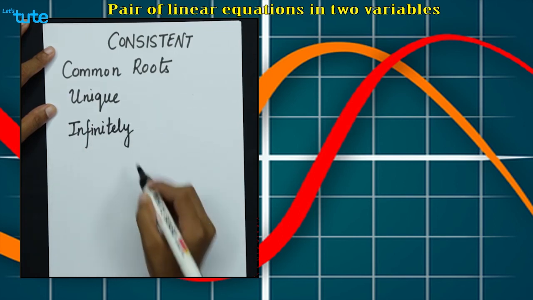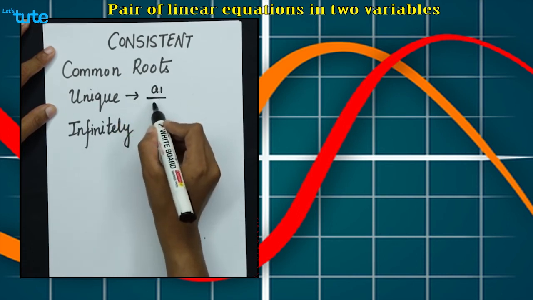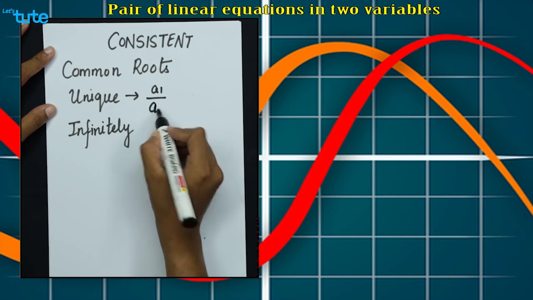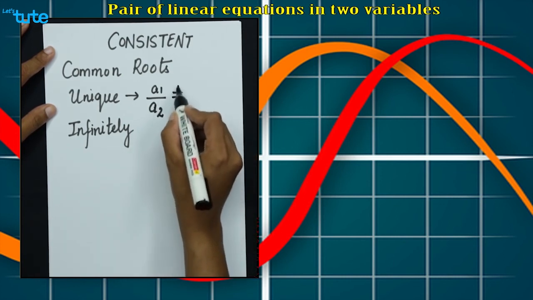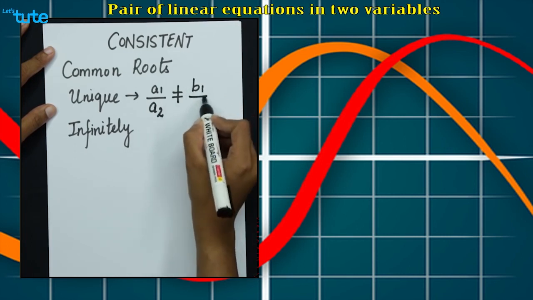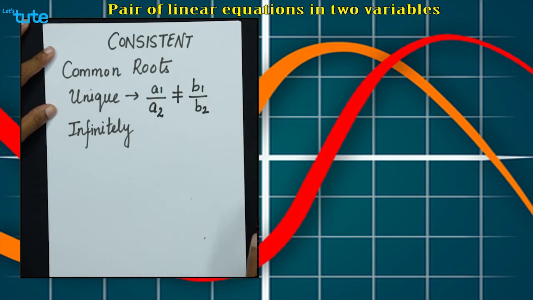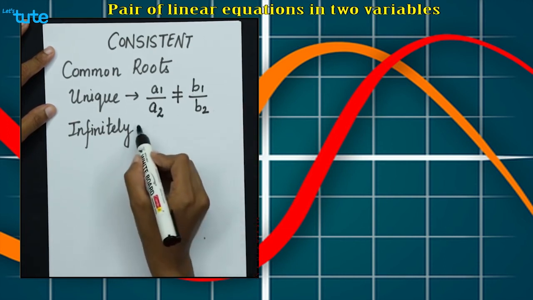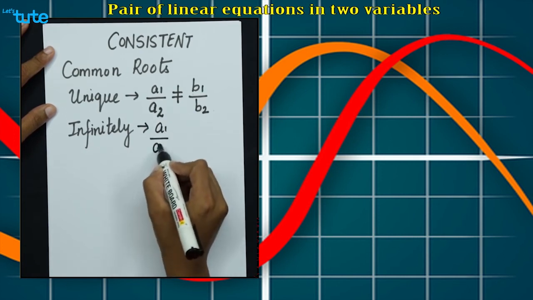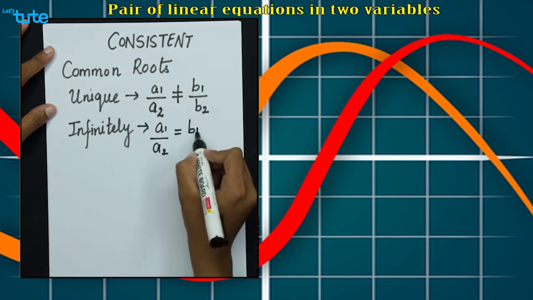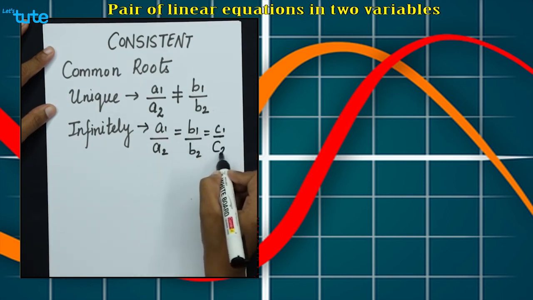We also observed for unique roots that the coefficient of x of the first equation, that is a1, divided by the coefficient of x in the second equation, that is a2, is not equal to b1 upon b2, that is the corresponding coefficients of y in the first and the second equation. For infinitely many solutions, we observed that a1 upon a2 was equal to b1 upon b2 was equal to c1 upon c2.